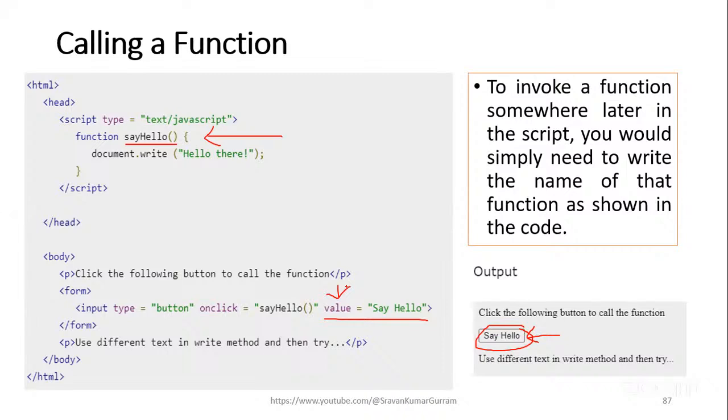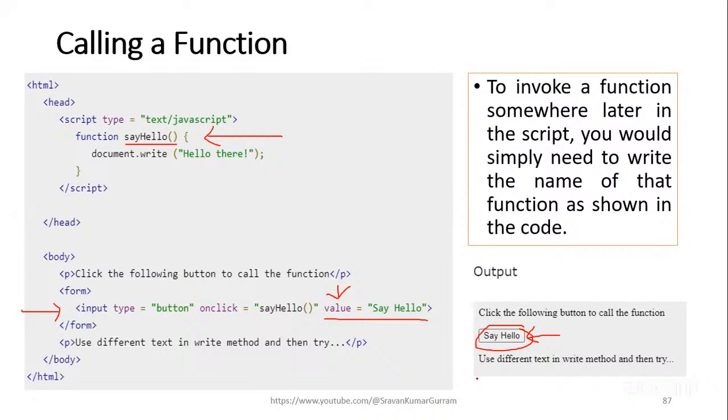Whatever text you write here, the same text will be displayed on the created button. So with the help of this, we are creating a button and writing something on the button. And whenever the user clicks on that particular button, automatically it calls the say hello function. You must remember these points.